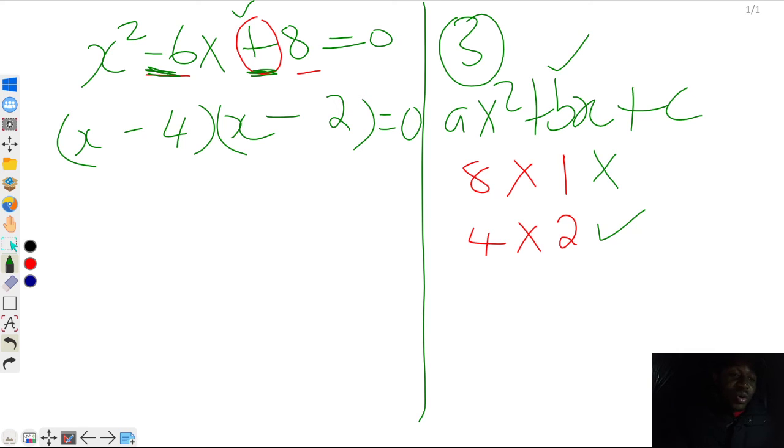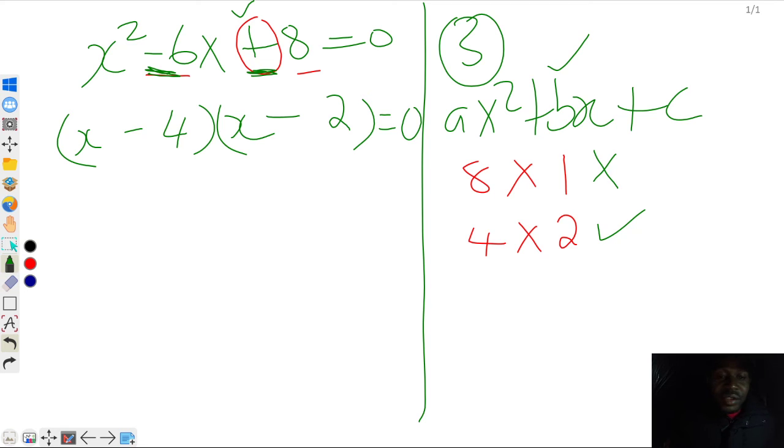In this case, we give it to this 4 because it's bigger, and the opposite sign is given to the remaining number, that is 2 in this case. I hope that was pretty clear.